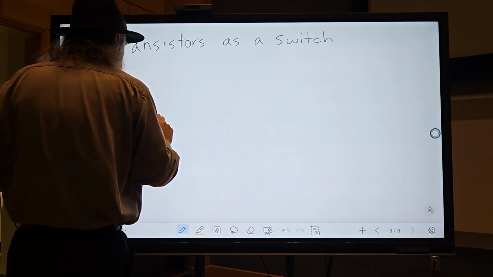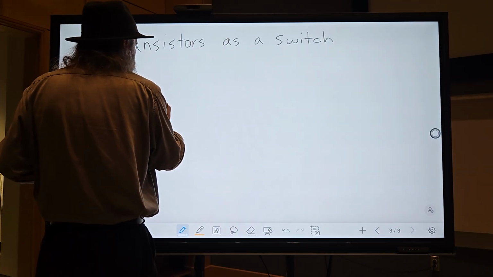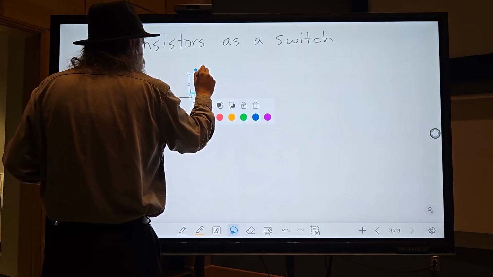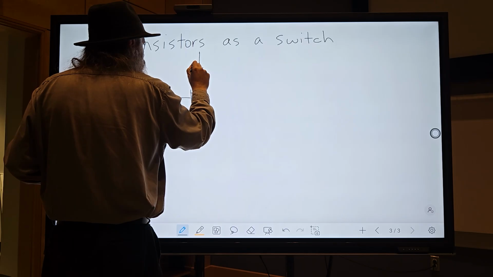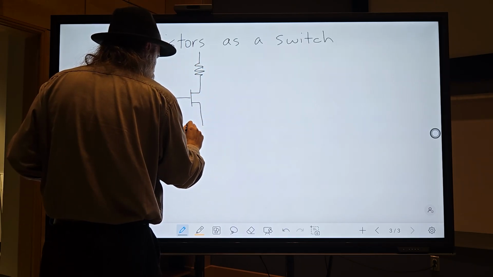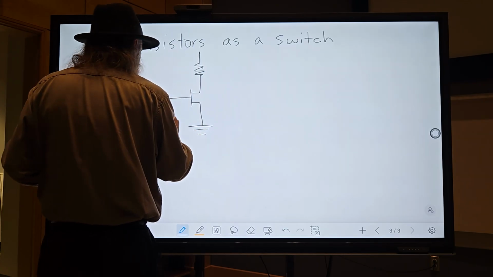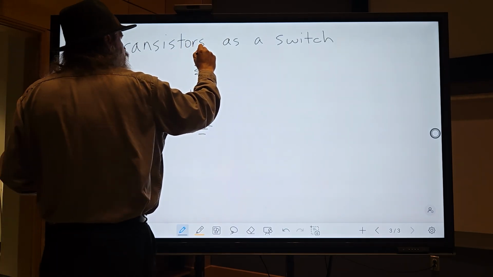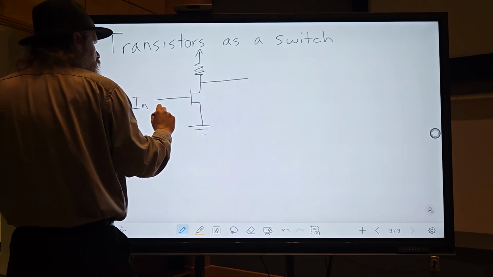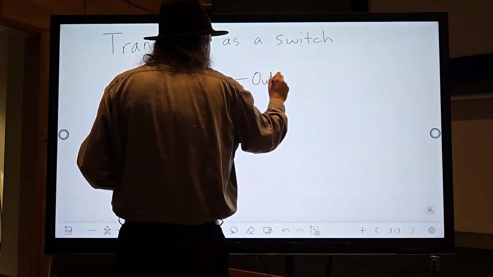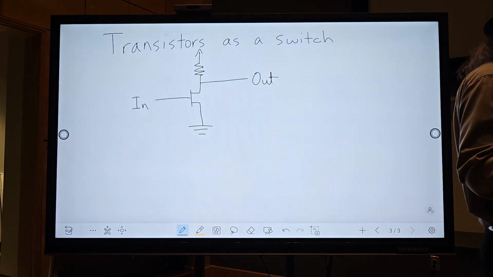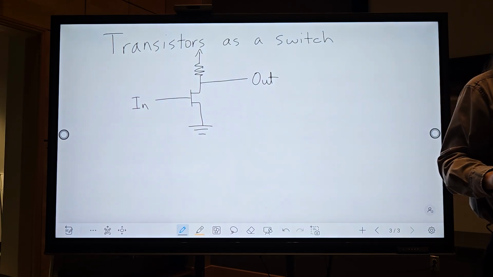These are typically FETs. A FET used in this configuration is an inverting switch.